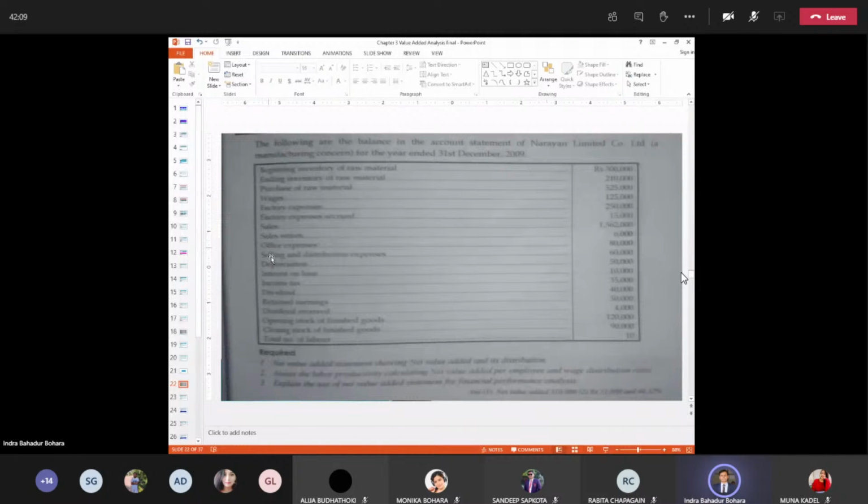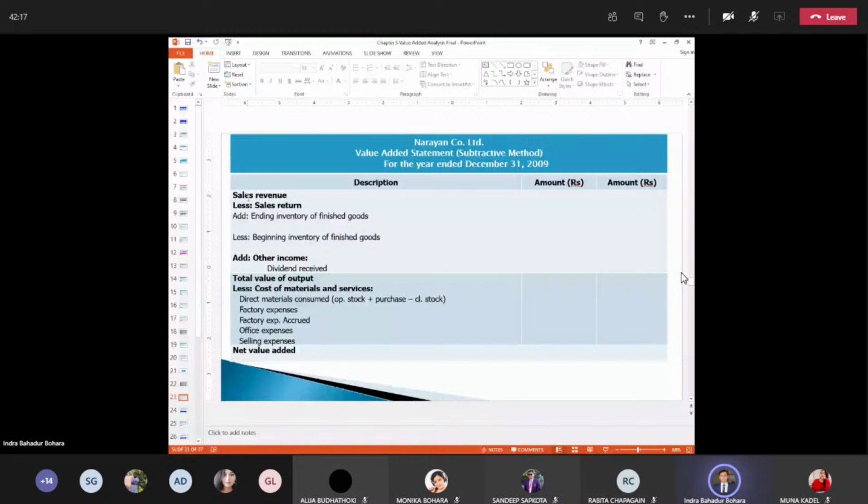So first of all, you write down sales and sales return under the subtractive method. First you write down sales less sales return. The amount of sales is 13,62,000.